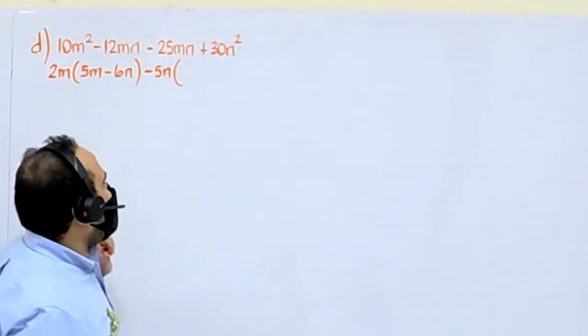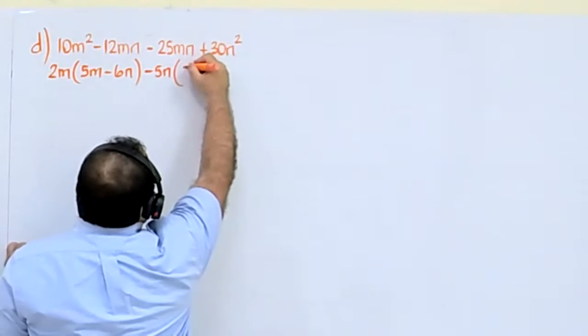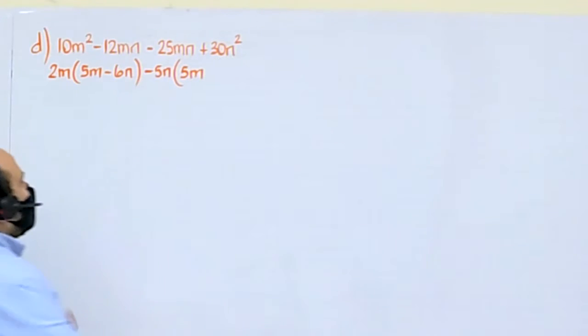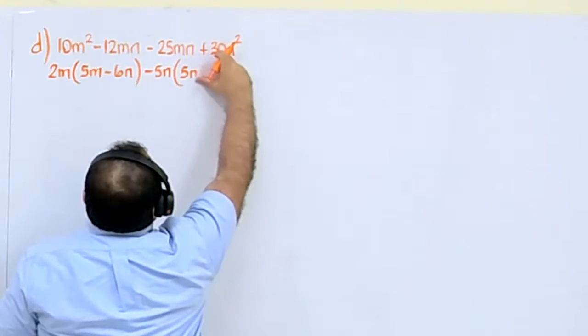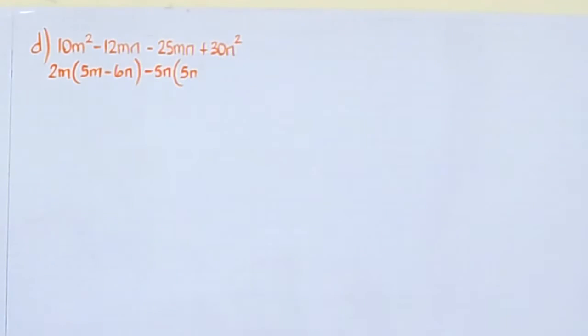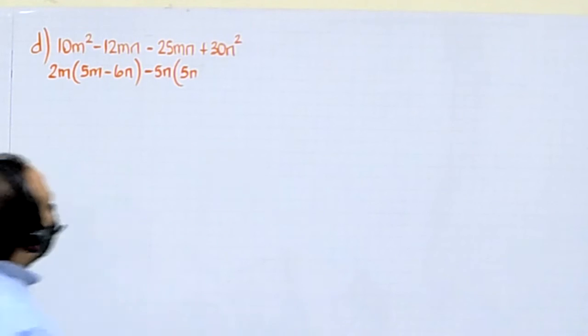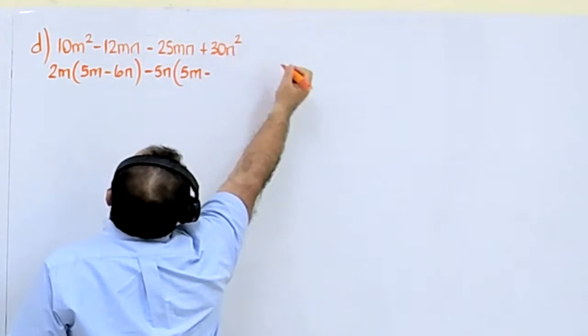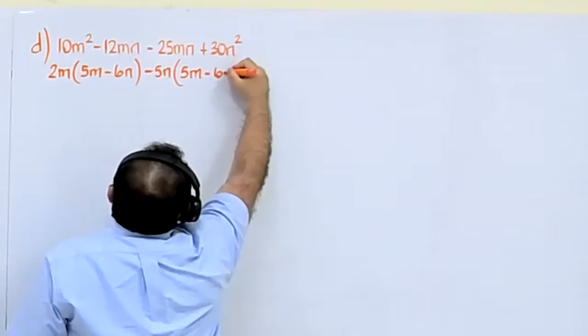Negative 25 divided by negative 5 will be 5. 5 what? 5m, right? Oh sorry, 5n. And how about the second one? In this situation we have 30 divided by 5, that will be 6. For this case it will be negative 6n, right?